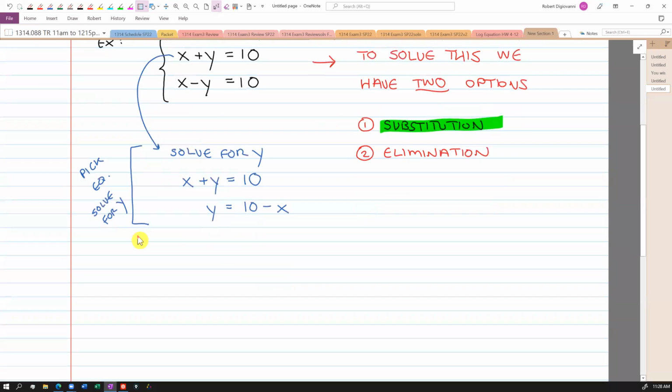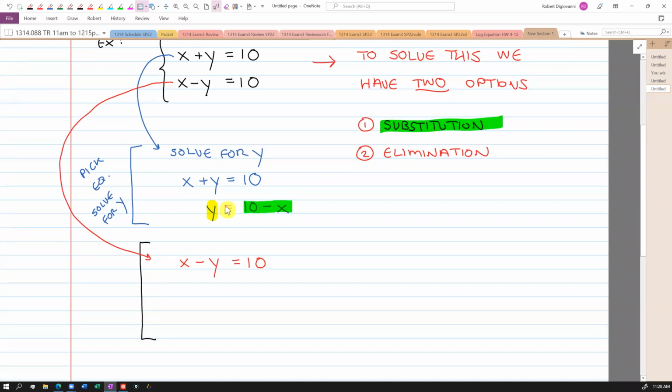The second step is to take the other equation, which is this one, write it down, x minus y equals 10. And what we're going to do is take what we just got. What did we say y was equal to? y is equal to 10 minus x, right?